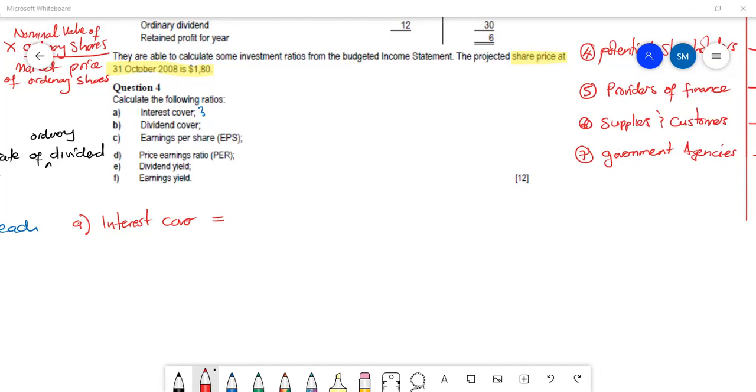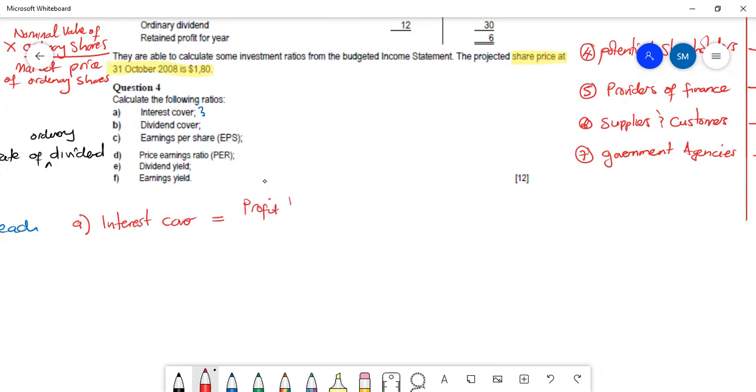Interest cover I'm not sure, sir. We'll do it. I thought you guys did this on our level.